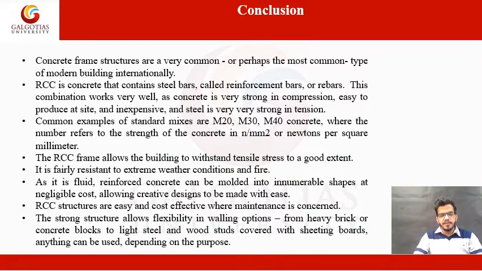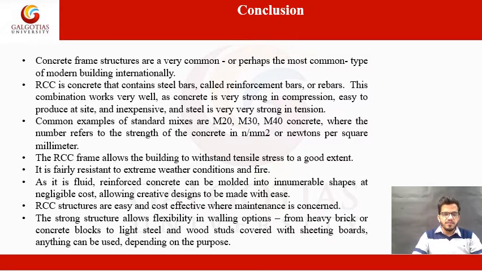So if we finally conclude this lecture, I have some points concluding the lecture. Concrete frame structures are a very common, or perhaps the most common, type of modern building internationally. RCC is concrete that contains steel bars called reinforcement bars or rebars.